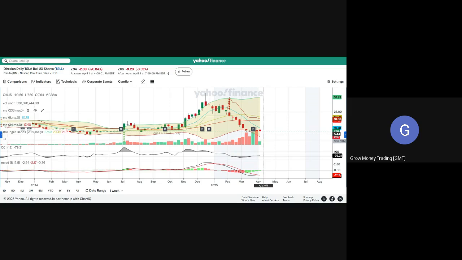And since it's a Tesla leveraged ETF, when Tesla goes up, it can easily give 2, 3, 4 times return.